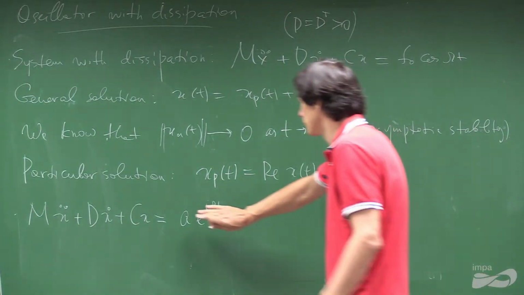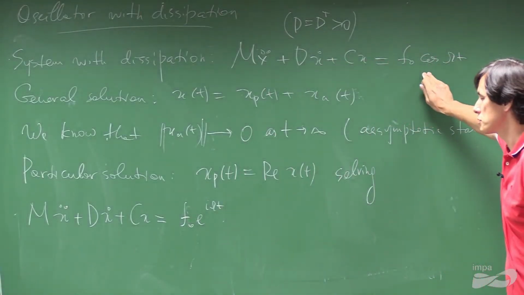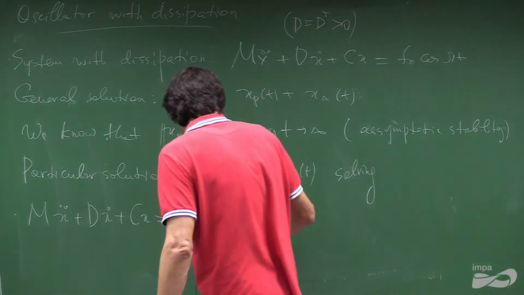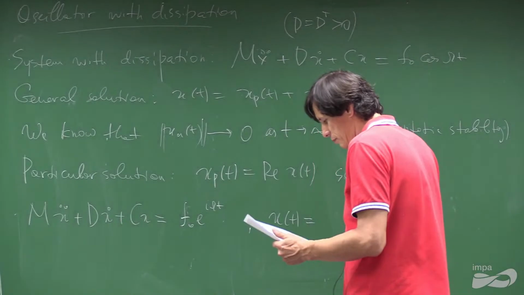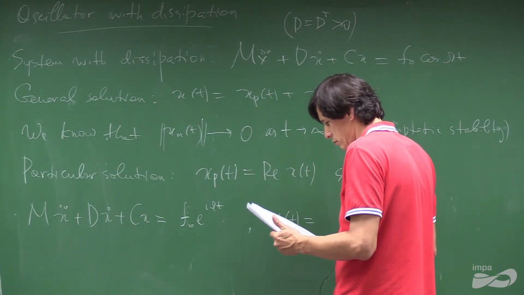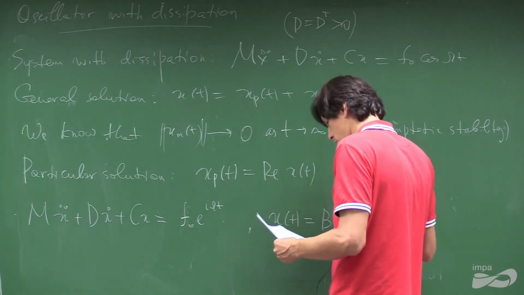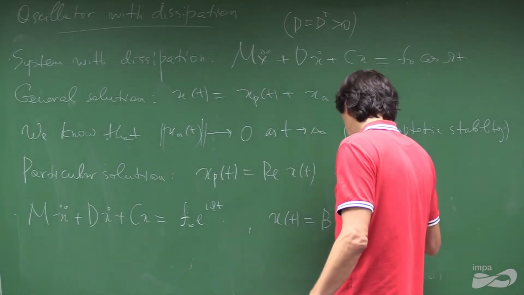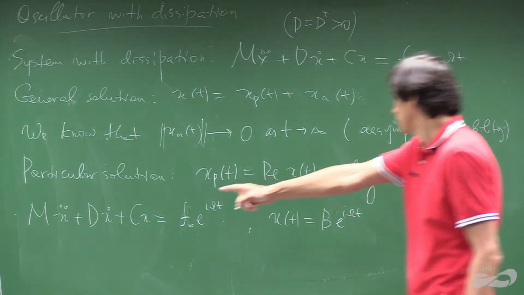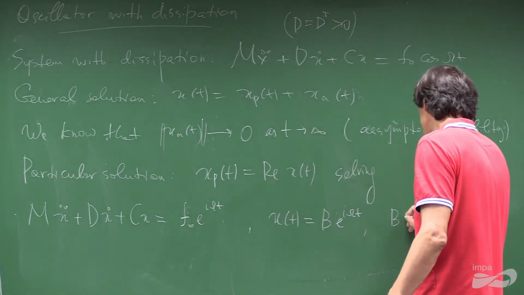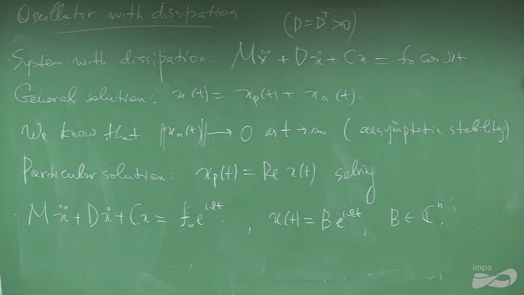We try to find the solution as we did before: b exponent i omega t. You substitute it here. Now b is a vector, and moreover, it's a complex vector.